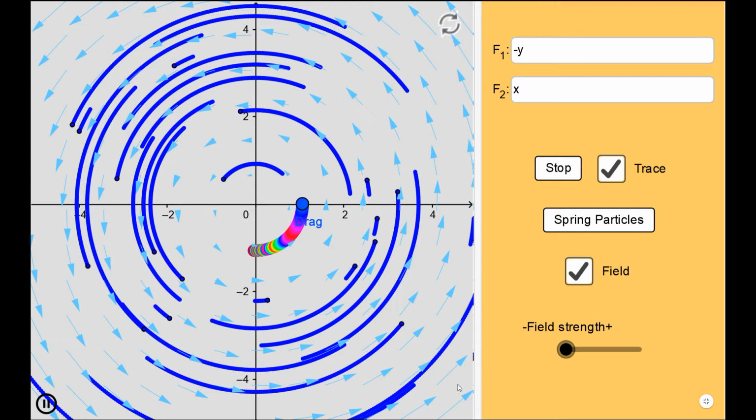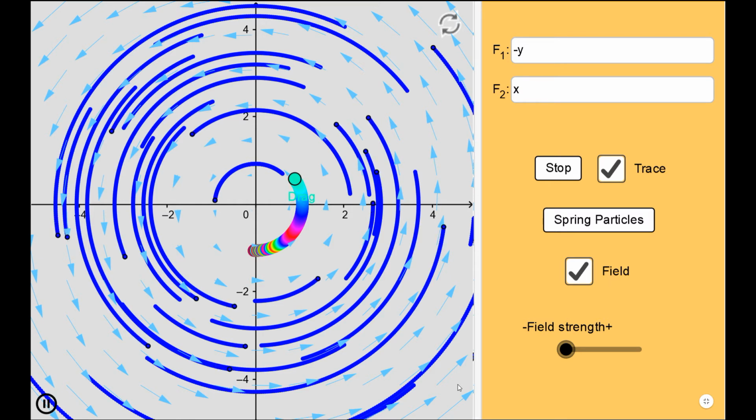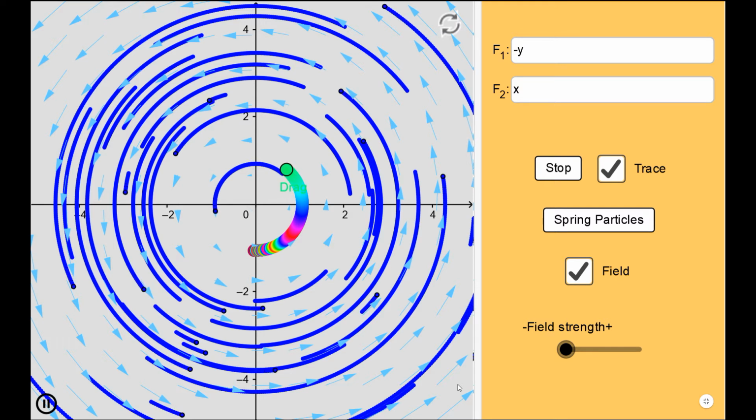Okay, looks like we made it over a quarter of the way around. So if I let this run long enough, it will run around and it'll come back to where it starts in a certain amount of time and trace out a full circular path.